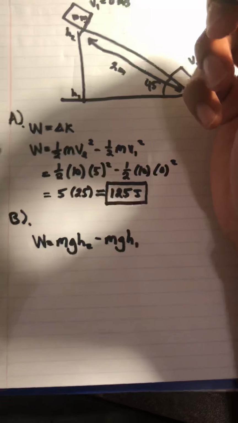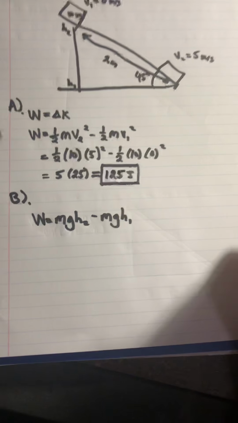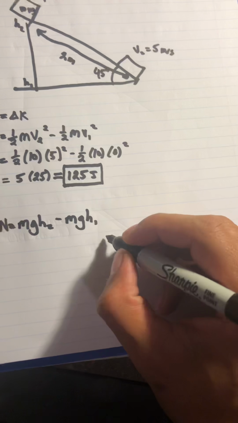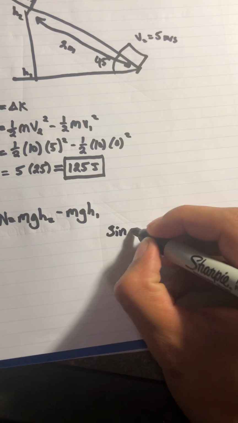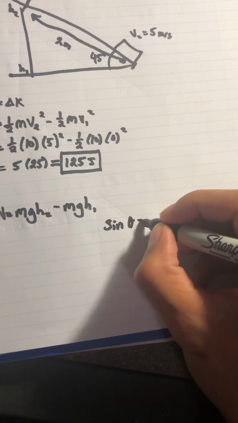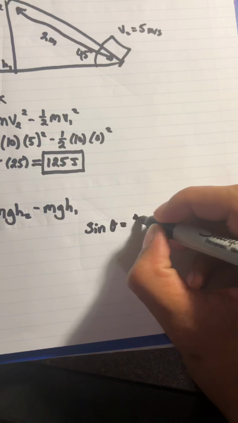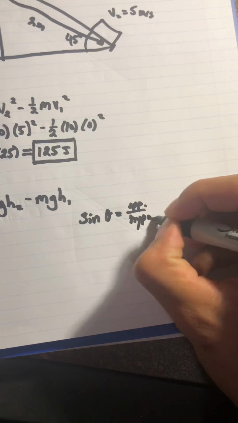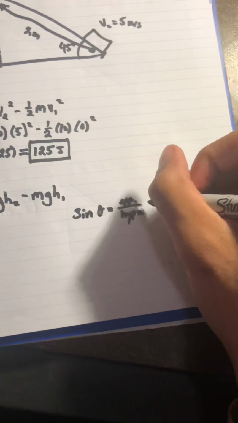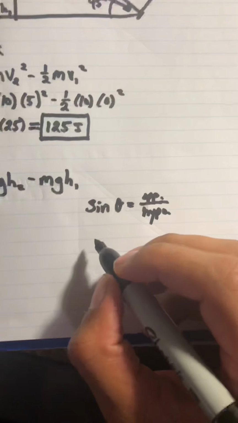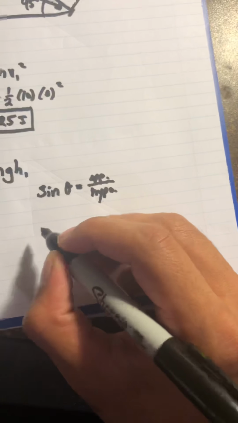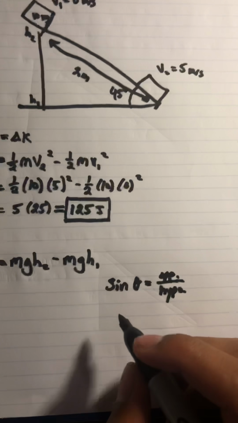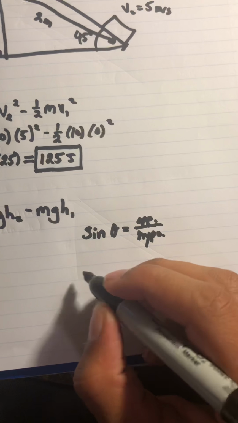So for this, let's take sine equals opposite over hypotenuse. And then we can plug in our 45-degree angle.